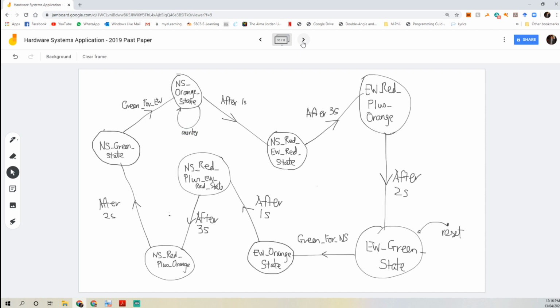To determine when 3 seconds has passed, I still need to stay in this state while the counter is incrementing itself, and we can denote that by saying counter is equal to counter plus 1. Right? In other words, we are continuously adding 1 to counter.